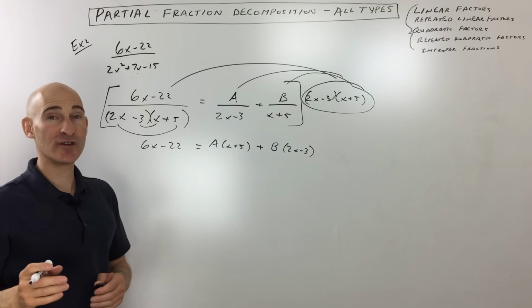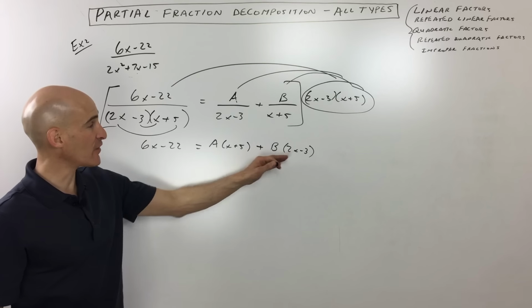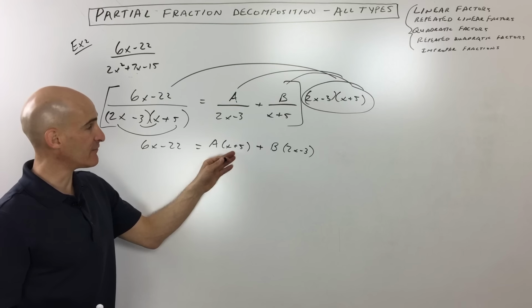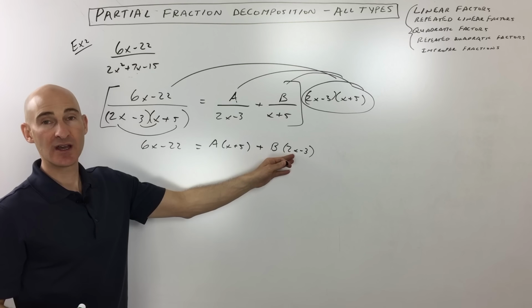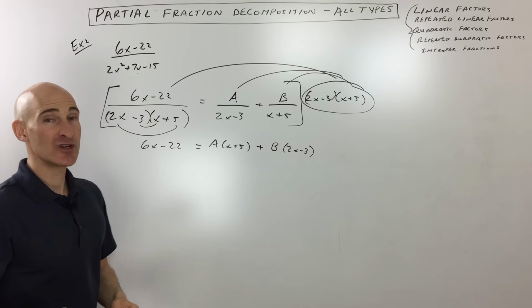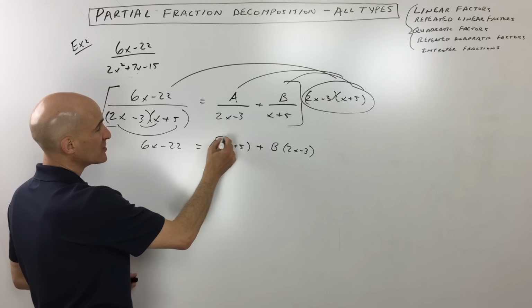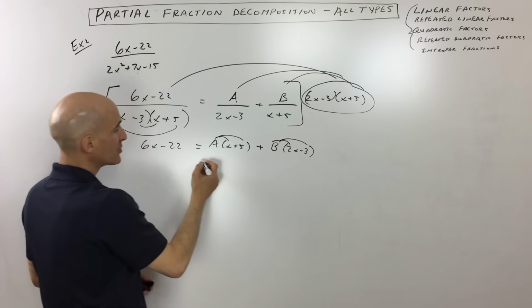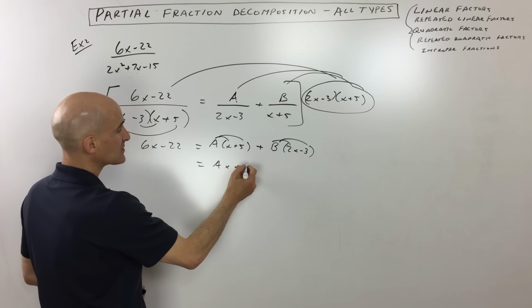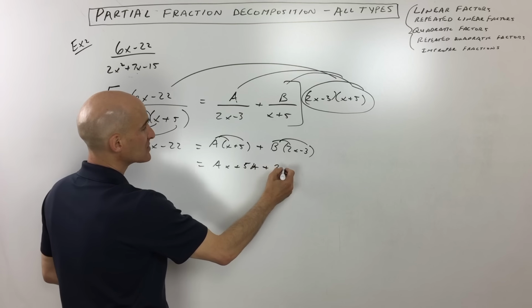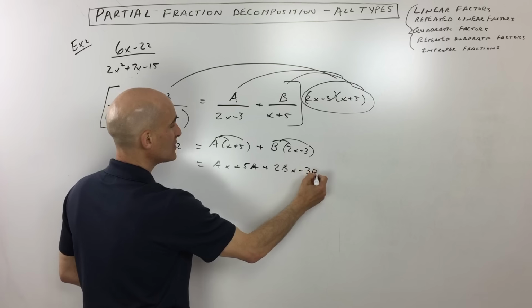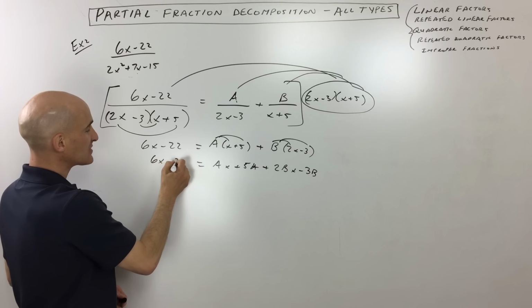Okay, so now I told you in the first example we could pick strategic values for x. So in this example, you could do x equals -5, or you could do x equals 3/2. But I'm going to show you a different method here. What you're going to do is distribute and collect like terms. So you've got ax plus 5a plus 2bx minus 3b is equal to 6x minus 22.